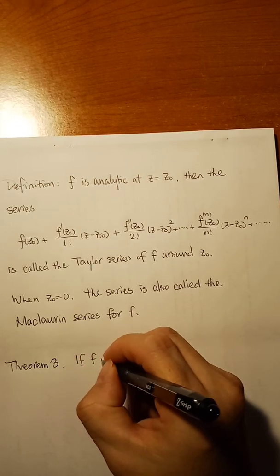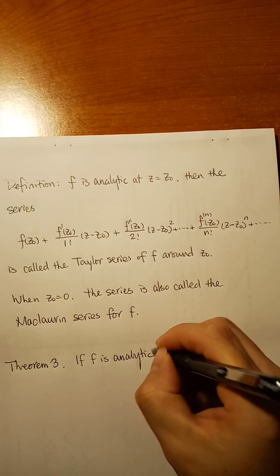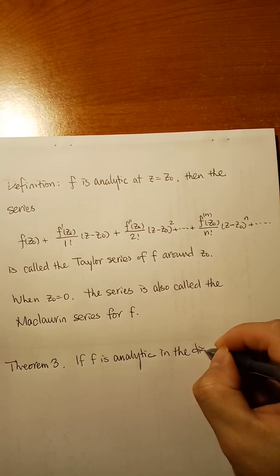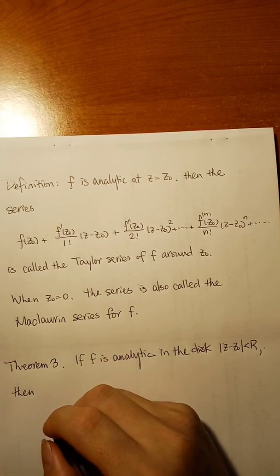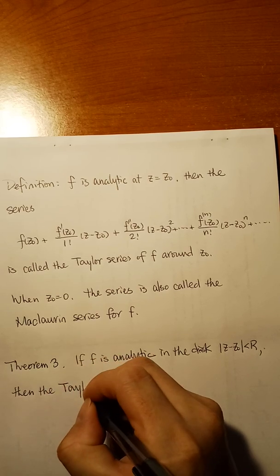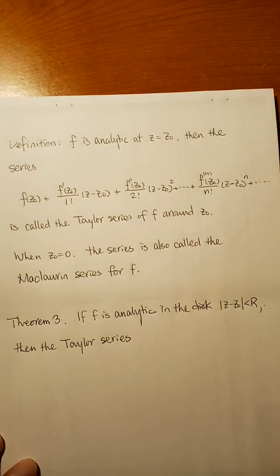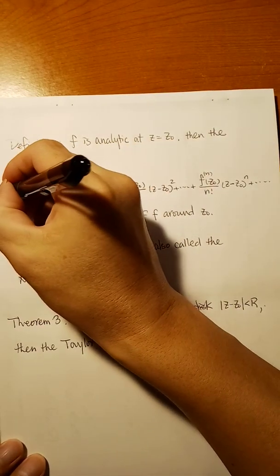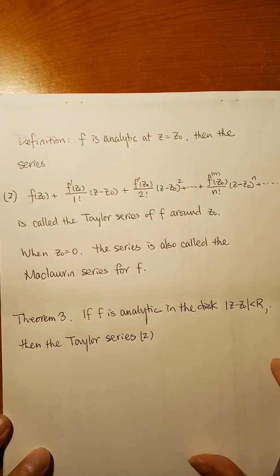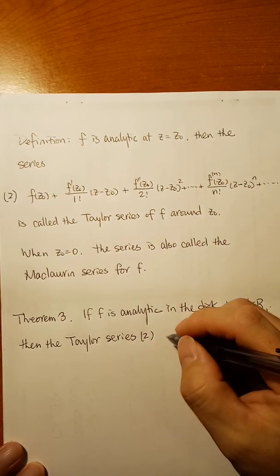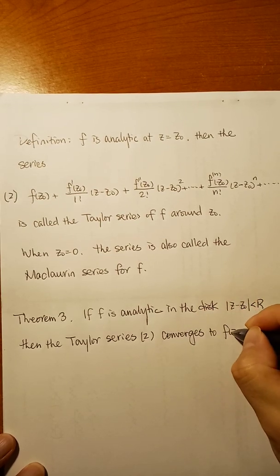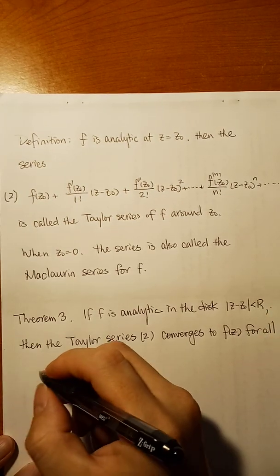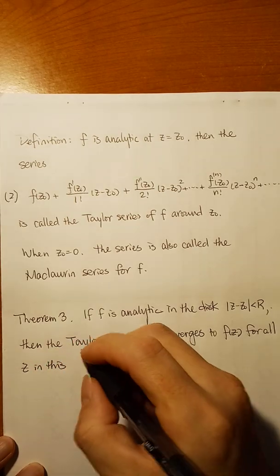So if f is analytic in the disk |z minus z0| less than some big R, capital R, fixed, then the Taylor series, let's put this symbol 2, the Taylor series 2 means this series, converges to f of z for all z in this disk.